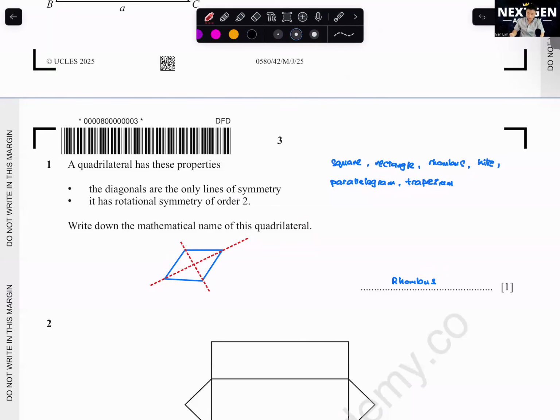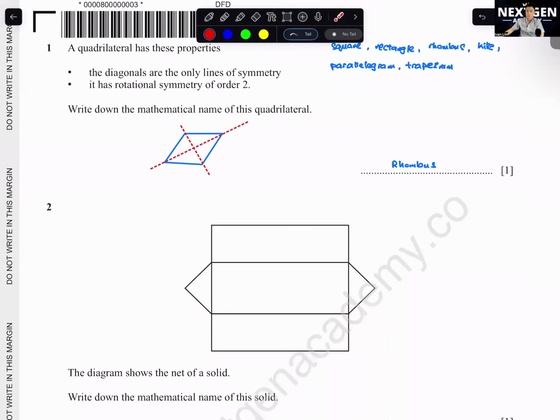How many times can you rotate it to be the same exact shape? That is called your rotational symmetry. Let's say you start from here. This one can rotate here, then rotate back here again. So you have rotational symmetry of order 2.